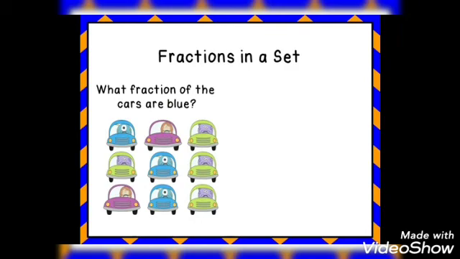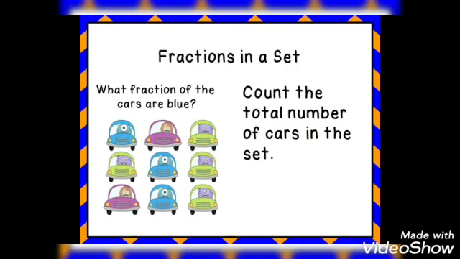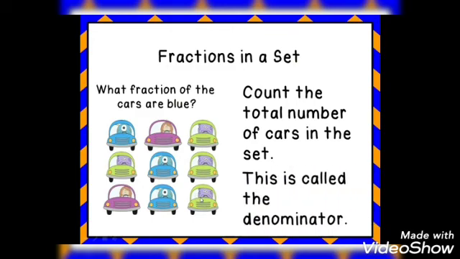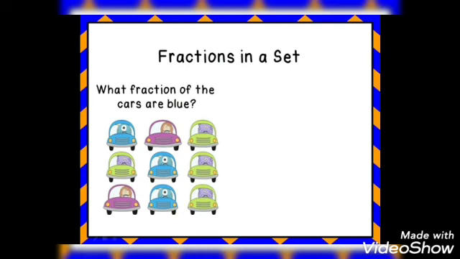Now fractions in a set again. What fraction of the cars are blue? So we have to count to find the total number of cars. So 3, 4, 5, 6, 7, 8, 9. So a total of 9 cars are there. Out of 9, so this will be the denominator. Out of 9, how many cars are blue?